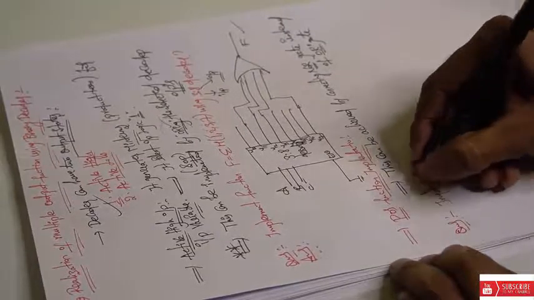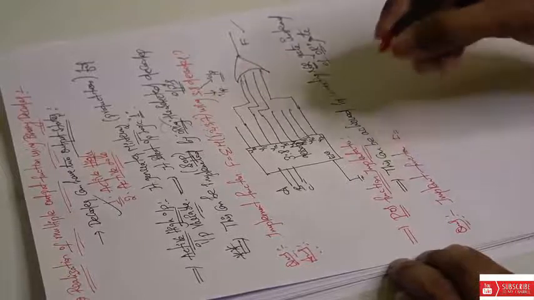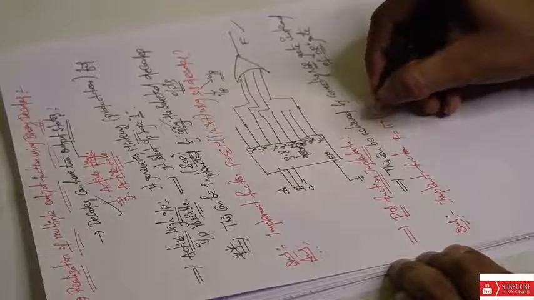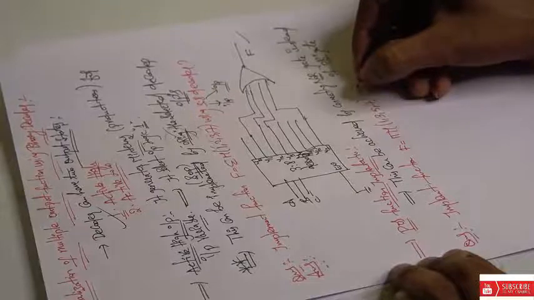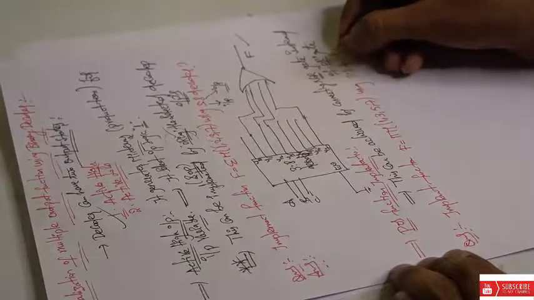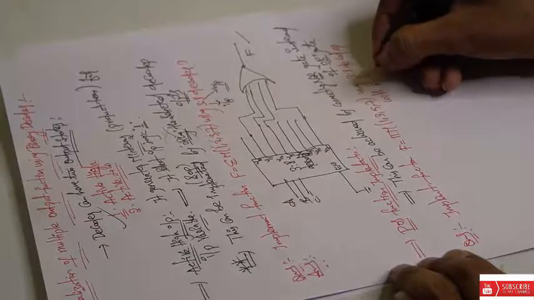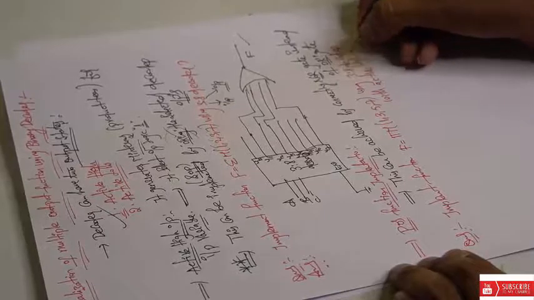Implement function f is equal to pi capital M of 1, 3, 5, 7 using a 3:8 decoder with active high output.